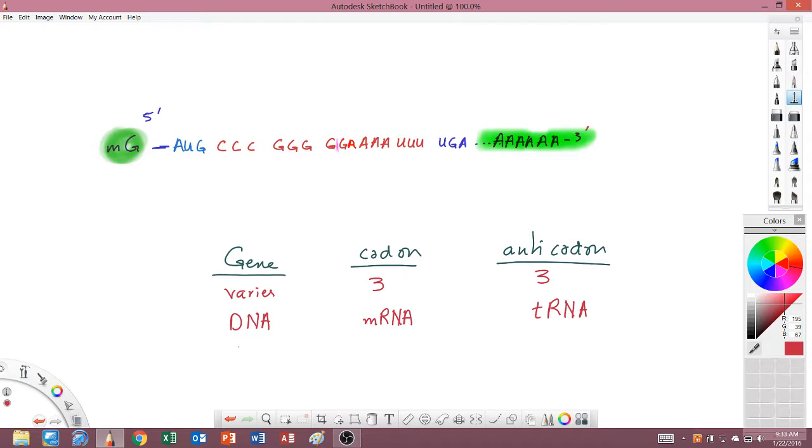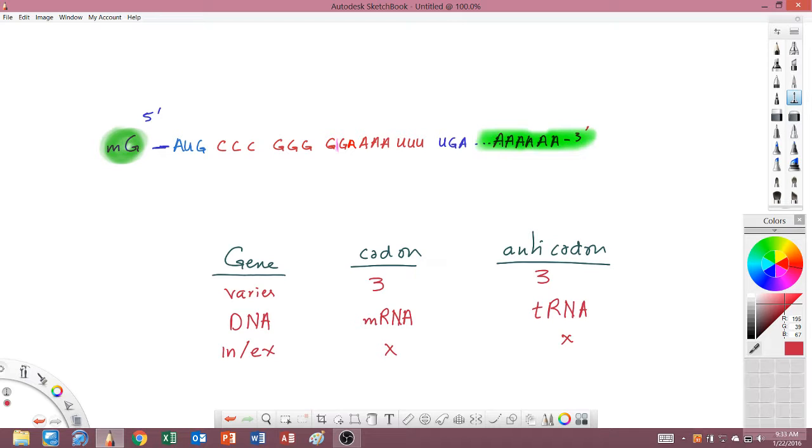Genes still have introns and exons in them. Codons and anticodons don't. Genes have in their sequence some regions that are coding, some not coding, which means genes do have introns and exons, whereas these don't.